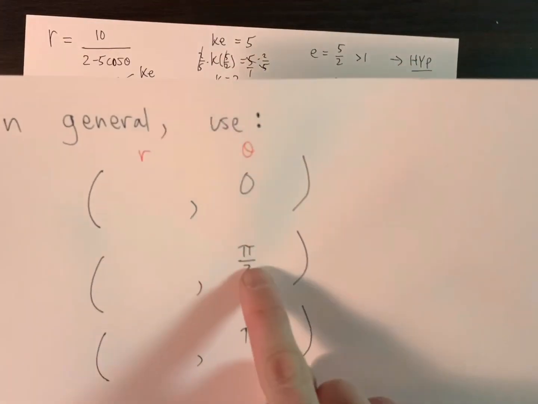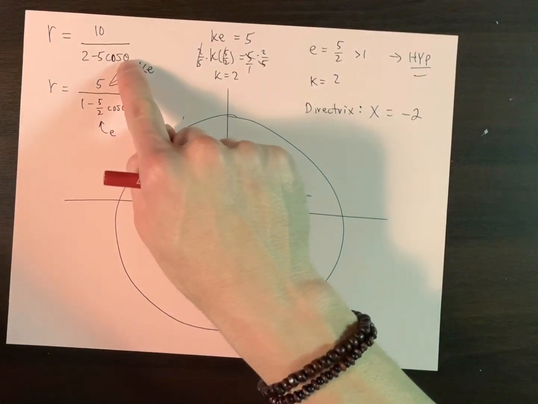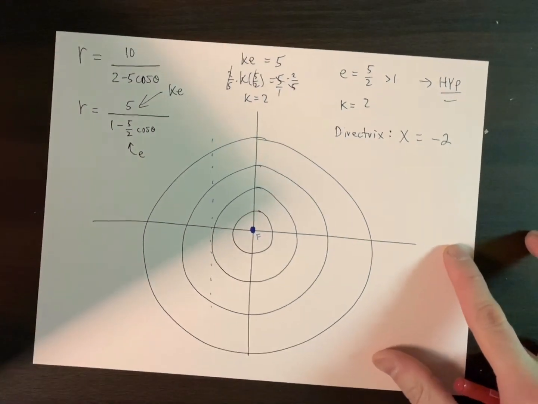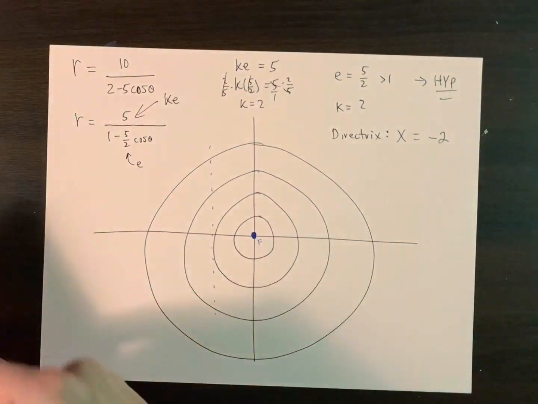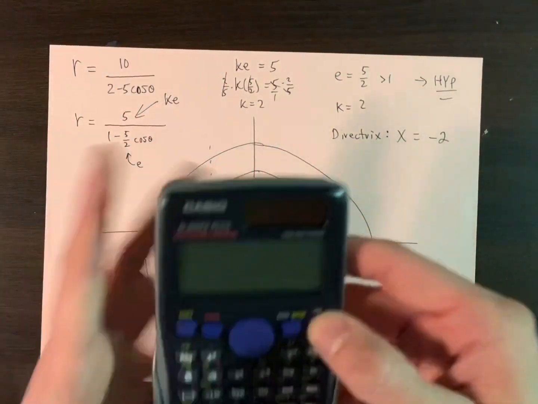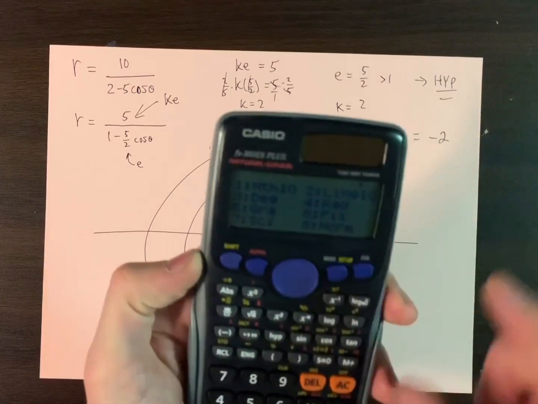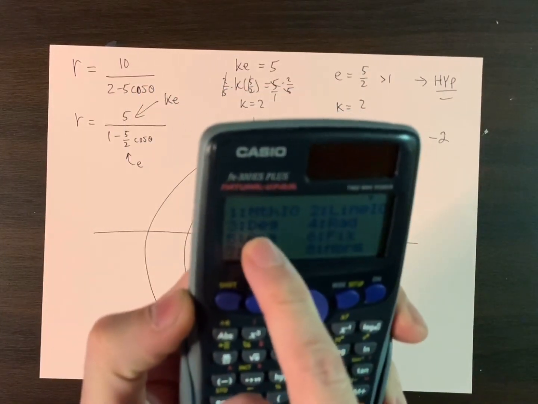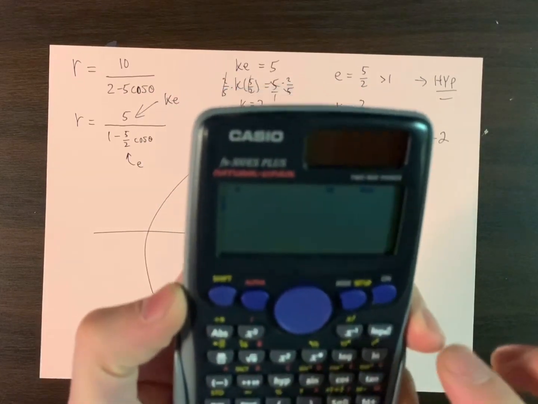Then take pi/2, plug it in for theta. Whatever it is, you put it there and so on. I'll let you do that on the calculator. I'll do it myself as well. But please remember that on your Casios, make sure that you're in radian mode because it would be tragic if you did this with degrees. So please have it in radian mode, okay?